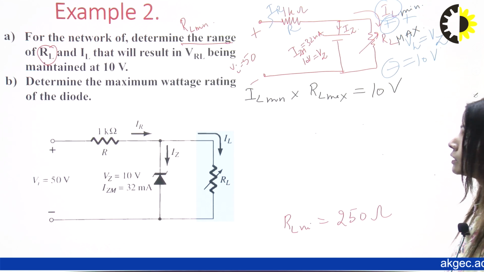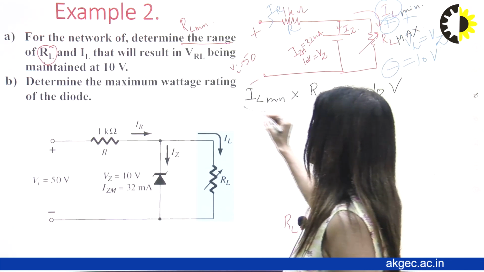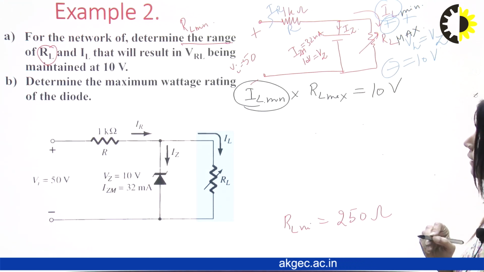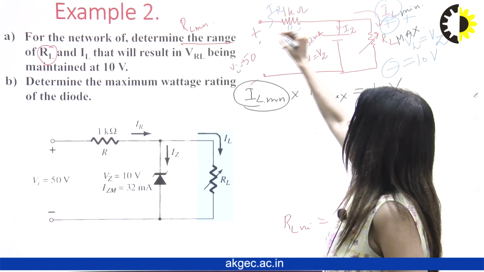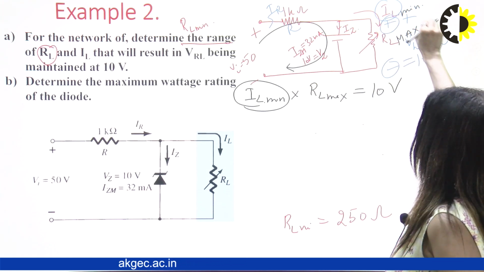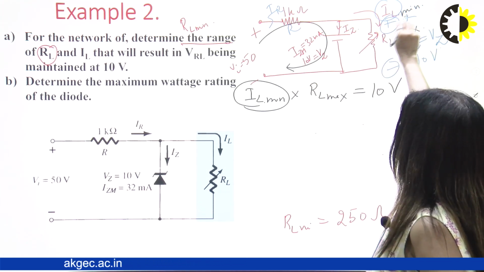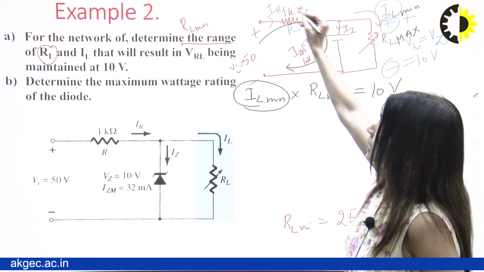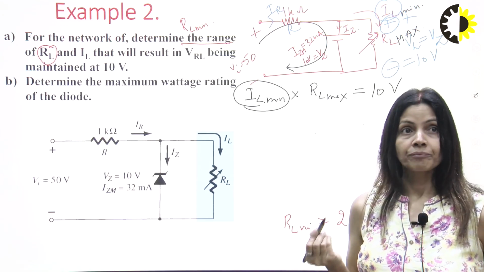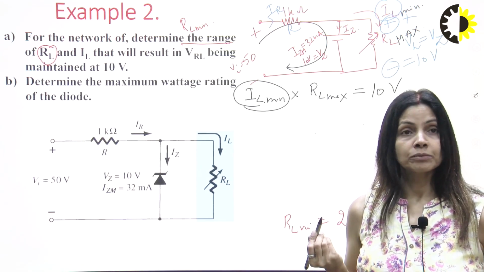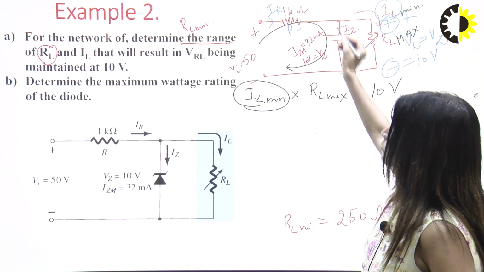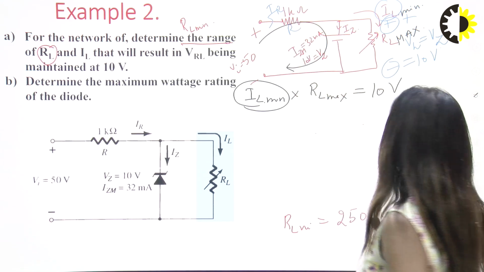Now I have to find out the value of IL minimum. For this, I will apply Kirchhoff voltage law. If IL is minimum, then IZ should be maximum, because IZM is maximum. In this particular circuit, IR is fixed.